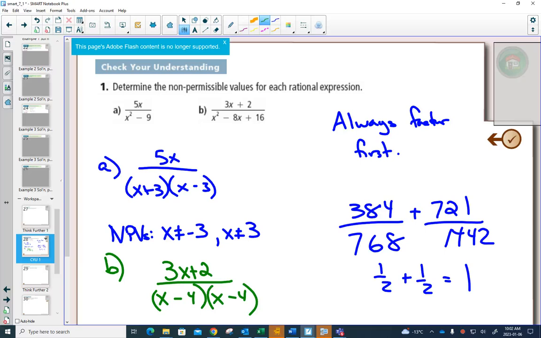If you're doing that every single time as a check, that'll do two things. One, it'll make sure that you've got it right, and two, you will get better at factoring if you're always checking after you factor. So the only non-permissible value here is that x can't equal 4, because 4 would make either of the factors equal to 0.